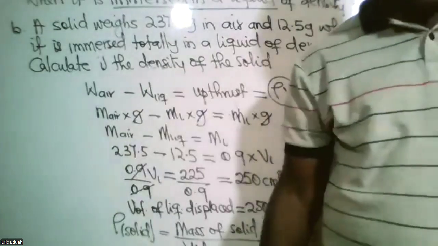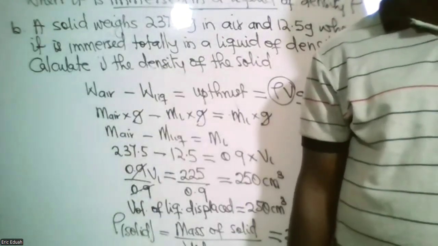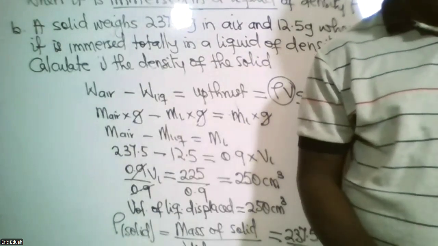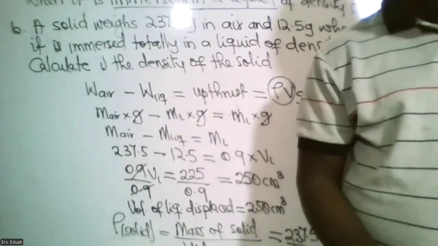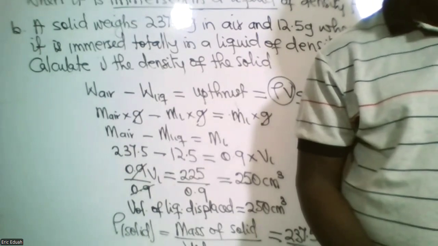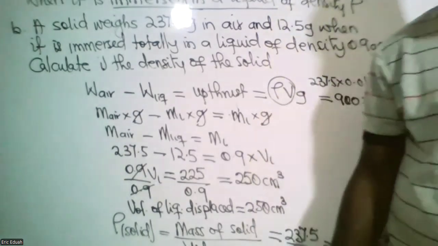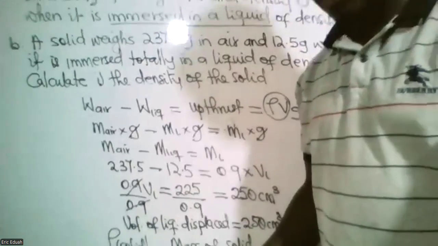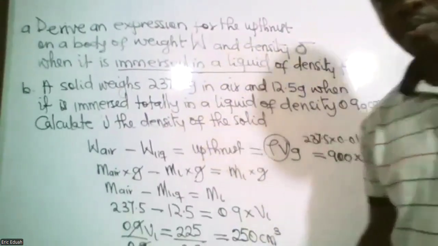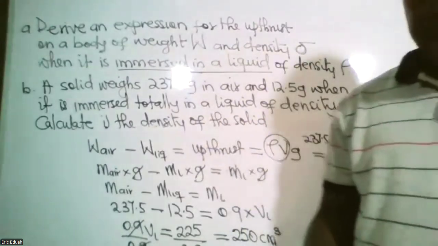Now, the next question is: calculate the fraction of the solid submerged in a liquid of density 1.19 gram per cm cube. Calculate the fraction of the solid submerged. Fraction. Eva, are you there?